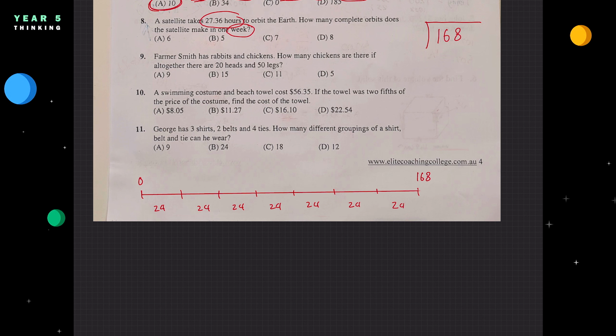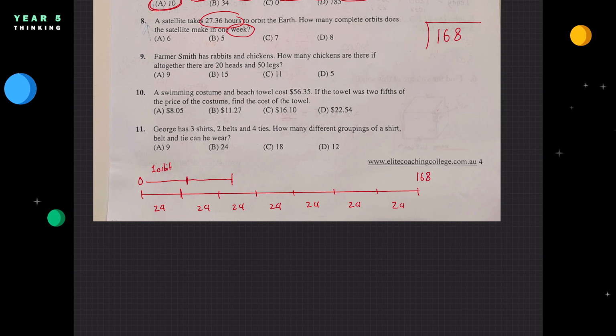Now, the question is, the satellite takes 27.36. So if this is 24, 27.36 is roughly about here. This is one orbit. And then you add another 27, so it'll be roughly here somewhere.